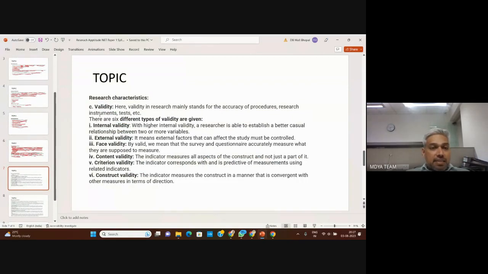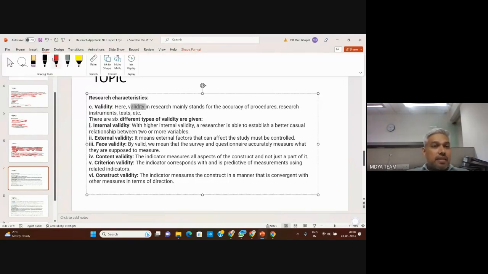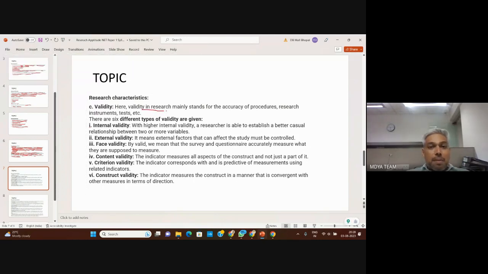The third characteristic of research is validity, right? Validity in research mainly stands for the accuracy of procedures, research instruments, tests, etc. Whatever procedure you are taking, the research instrument can be different; it could be a device, or it can be your questionnaire.